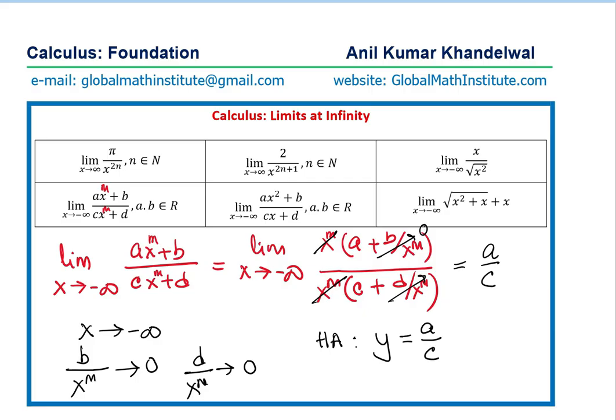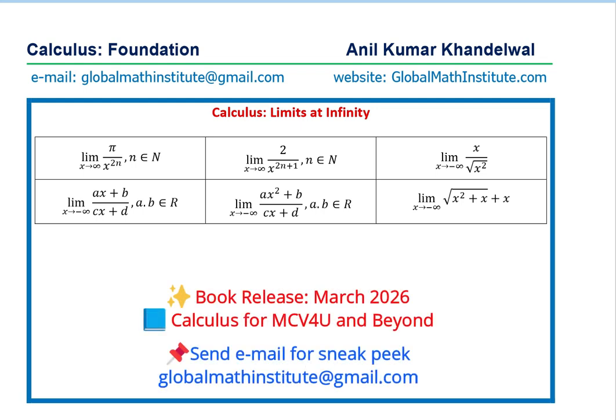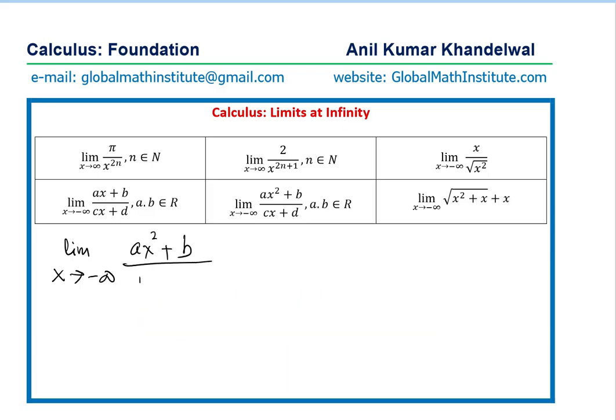So let's now take up the next question, where we have the degree of numerator one higher than that of the denominator, right? So let me write down the question here first. Limit x approaches, well, minus infinity, and we have ax squared plus b over cx plus d.